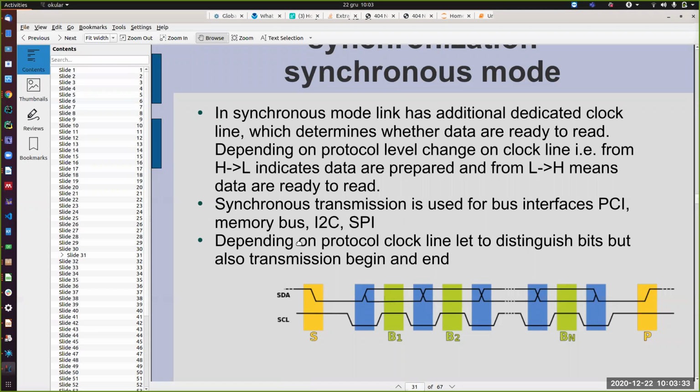The only interface which is synchronous in our computers is memory bus, which is printed on the circuit board. I will show you some pictures of memory bus interface, but it is printed and it is perfectly fitted. So there is no difference in path lengths.